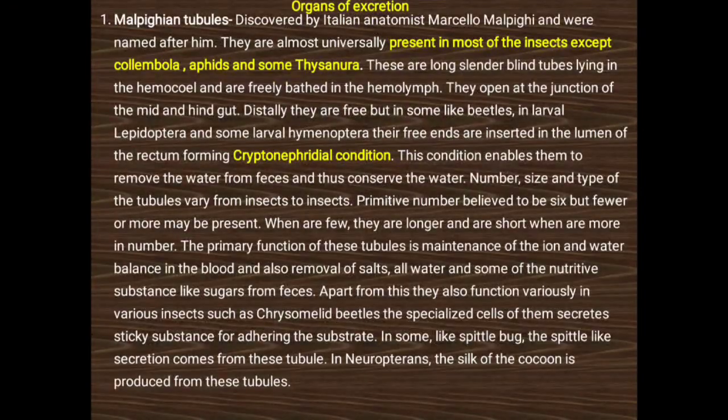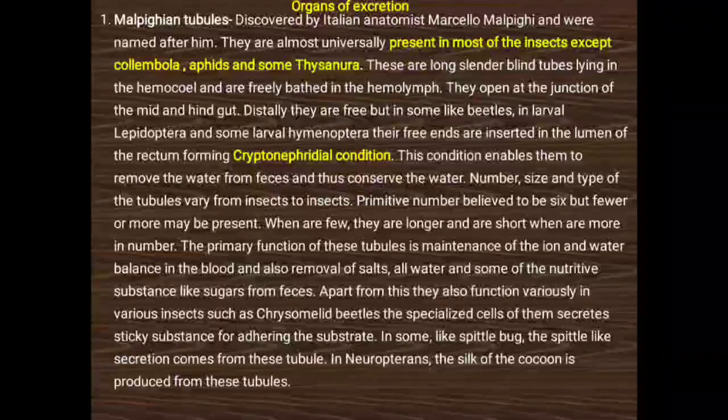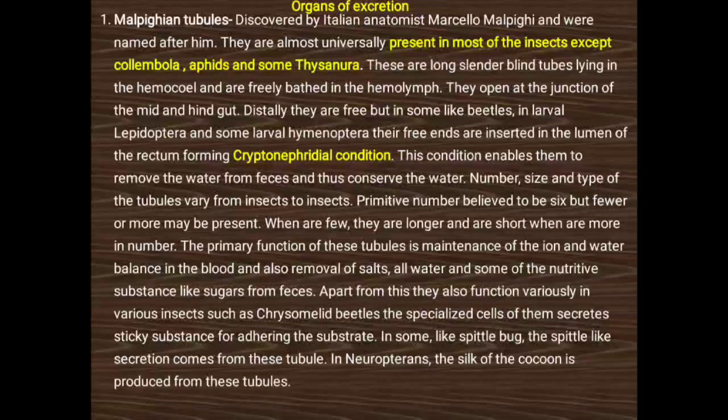In the mentioned insects, the Malpighian tubules remove the excess water from the feces and make the fecal material dry. They also remove the excess salts and excess nutrients and push them back into the hemolymph. So in case of the cryptonephridial condition, the major role is to conserve water, salts, and nutrients. This condition is prevalent only in some insects, not in all insects.